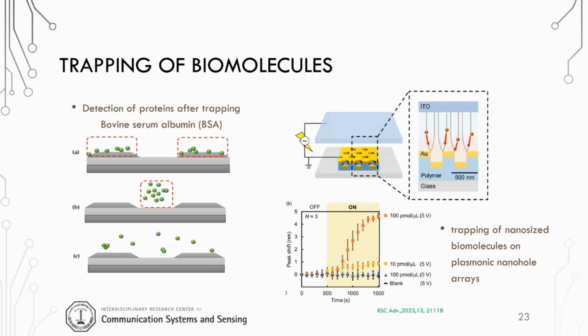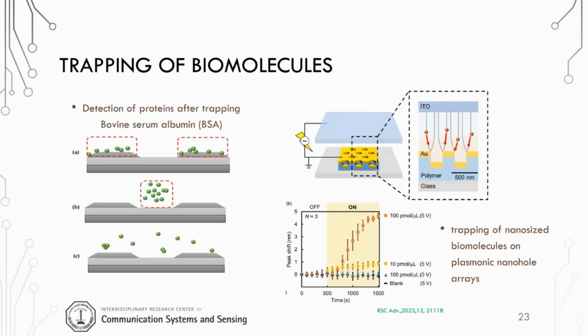There is also research from other people who do trapping of molecules into holes. They prepare a specific type of electrode, and there was a very significant difference in the sensitivity of their device.